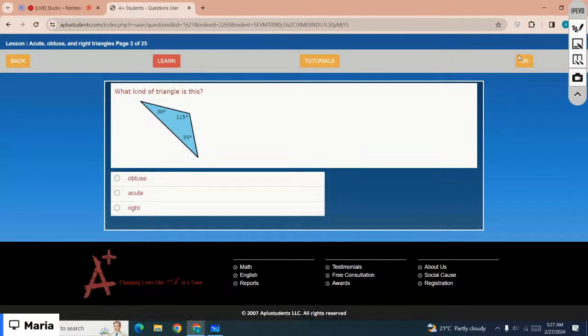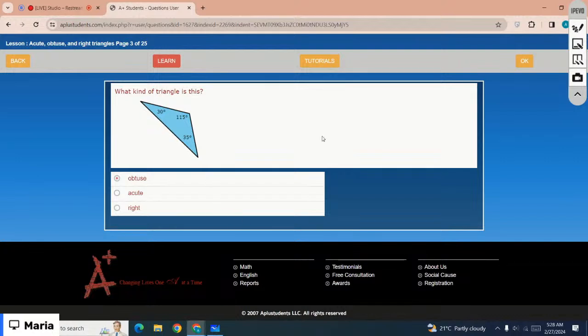What kind of triangle is this? Which is the correct option? The correct option is obtuse triangle.